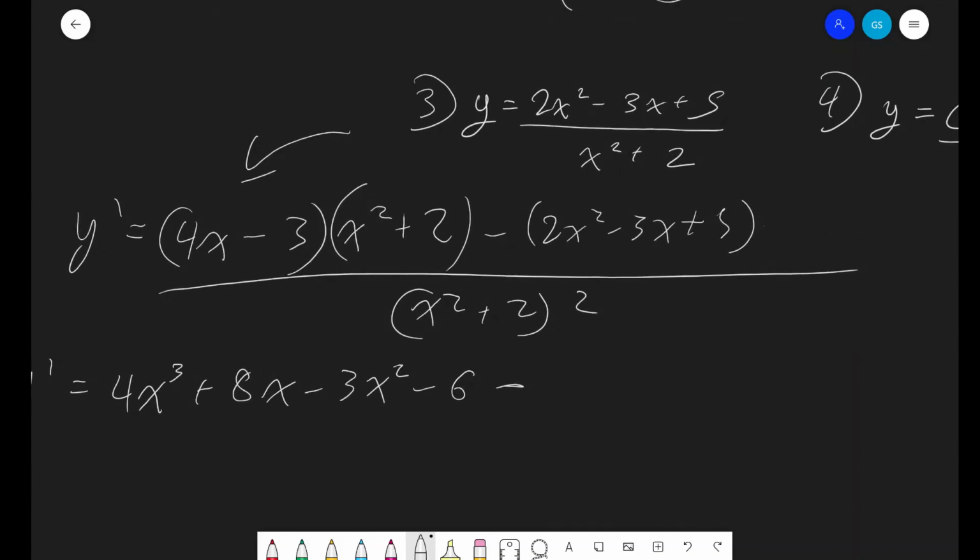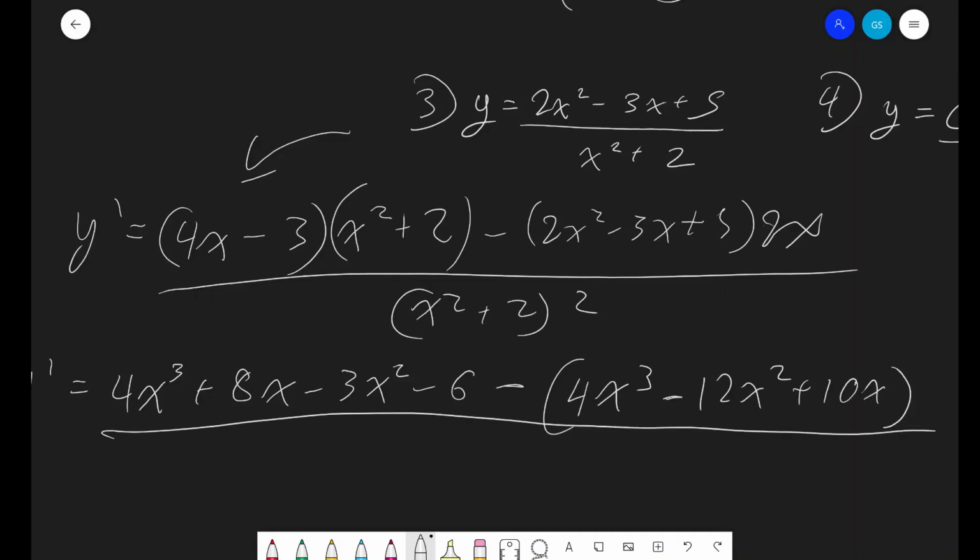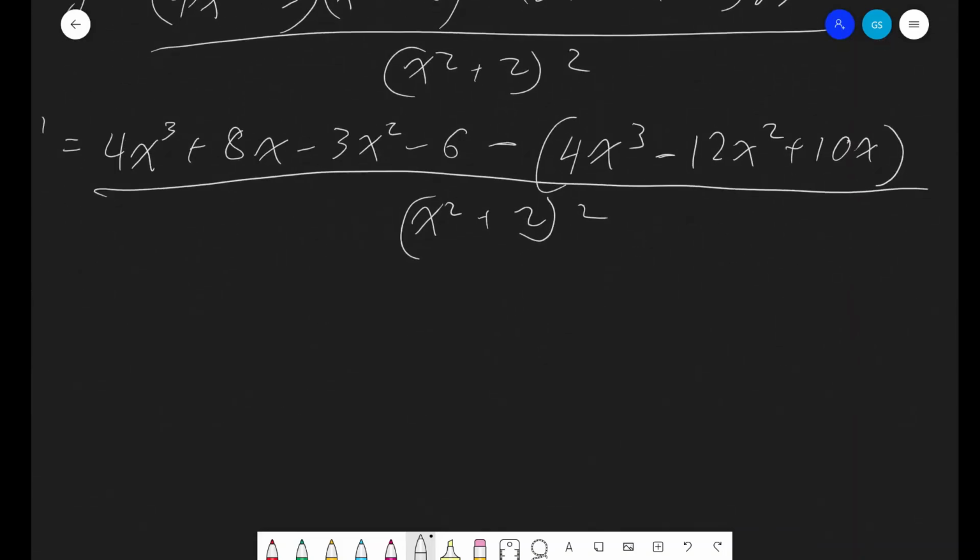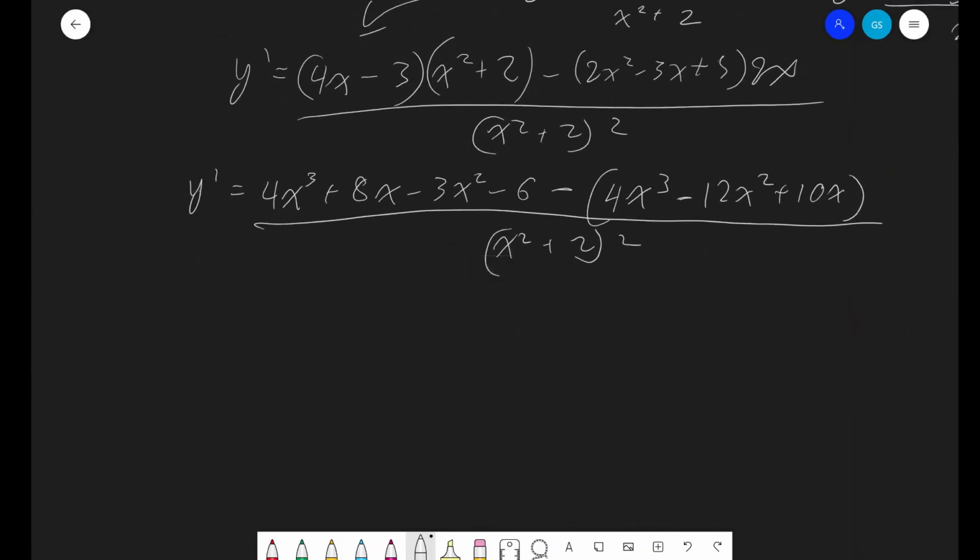That's just 2x. 2 times 2, 4x cubed, bracket, 12x squared plus 10x, close bracket, all over this. Let me zoom out a little. Okay, 4x cubed minus 4x cubed, right, because there's a negative here. Negative 3x squared minus 12x squared, so that just gives you 9x squared.